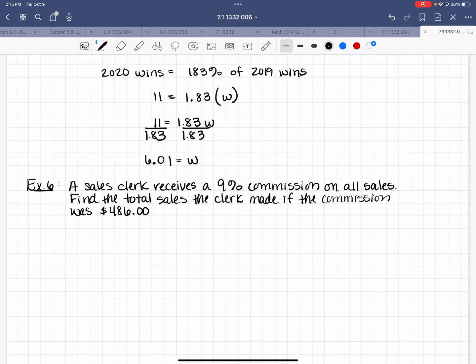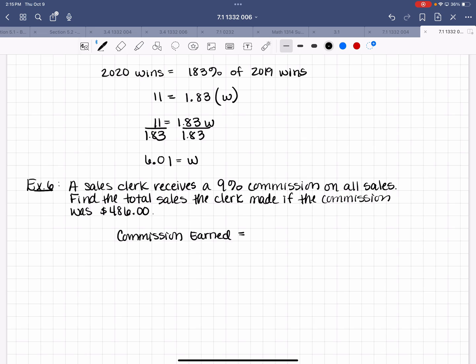But anyway, example 6, we need to find out how much she really sold. She or he receives a 9% commission on all sales. Find the total sales the clerk made if the commission earned was... here's the deal, guys.